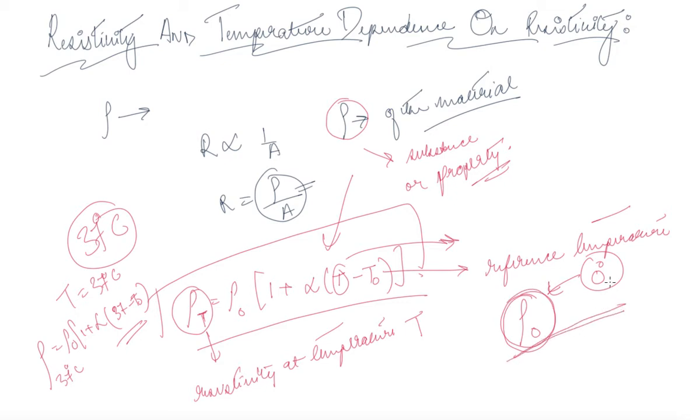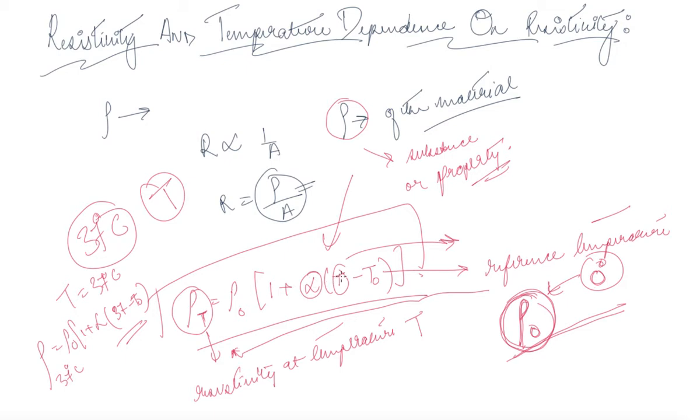In an examination or in different questions, your reference temperature will be given. They will say that we know from experimentation that at 0 degrees Celsius, the material has this much amount of resistivity. So this is your reference resistivity and this is your reference temperature. And all of this changes. Now if you increase the temperature to T, your resistivity at that point is given by this relation. Now we have defined all the terms except your alpha.